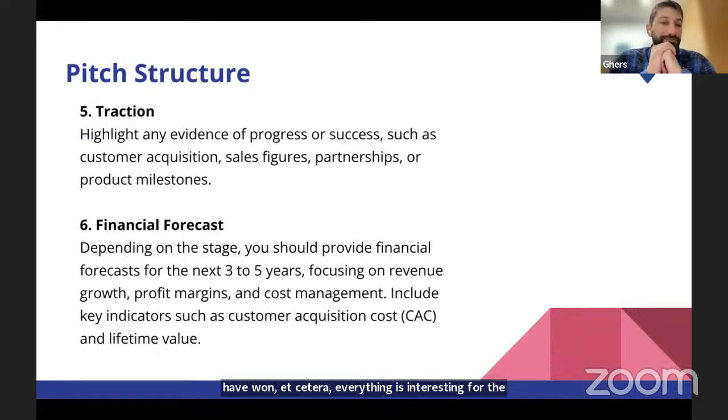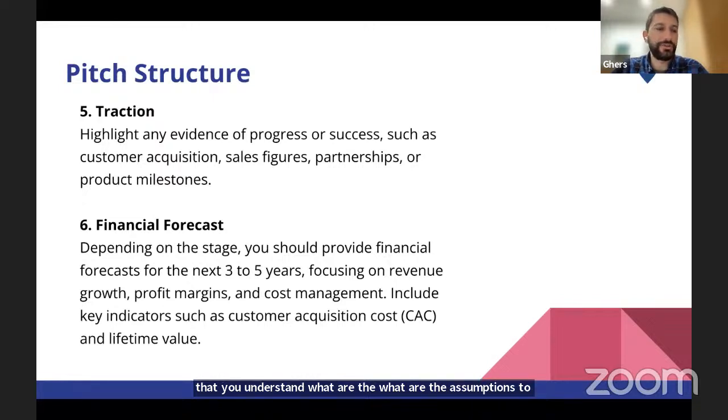Then the financial forecast. Depending on the stage, this can be very important or not that much, but you should provide a forecast, at least in broad terms, to provide the evidence to the investors that you understand what the assumptions are to get to the growth that they need, right?